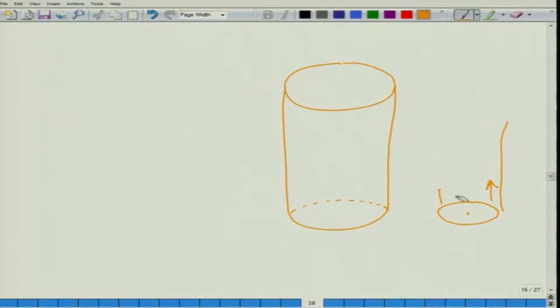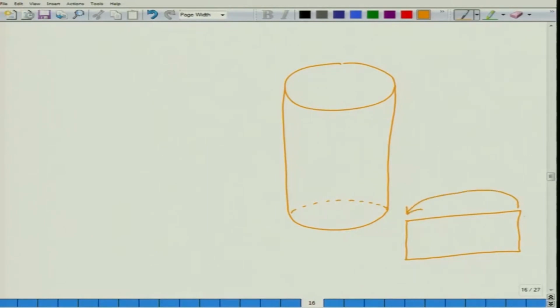Alternatively, you can construct a cylinder by taking a rectangle and rolling it so that both these edges E1 and E2 get joined together. So, a cylinder is a solid geometrical figure with straight parallel sides and a circular or an oval cross section.